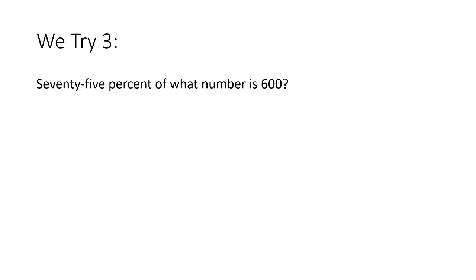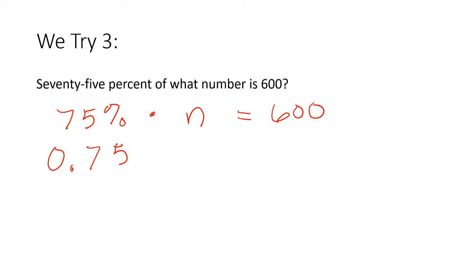75% of what number is 600? So 75% times some number n is equal to 600. Next thing I need to do is convert my percent into a decimal. I think it'll be a lot easier to work with. 0.75 times n is 600.